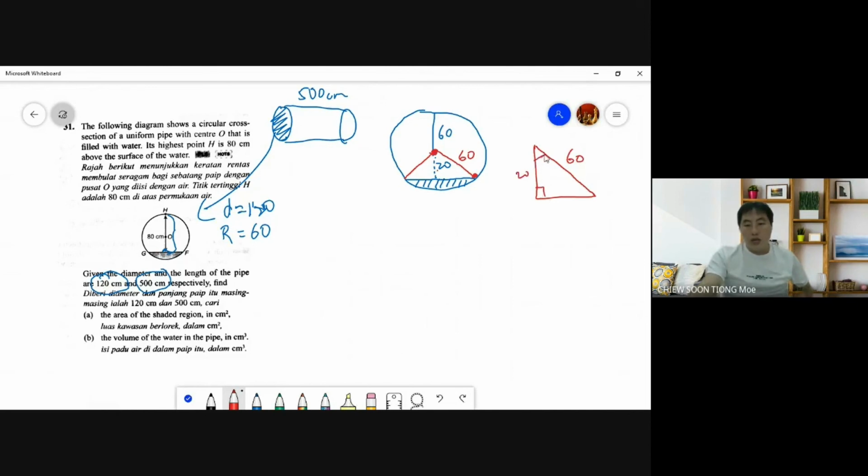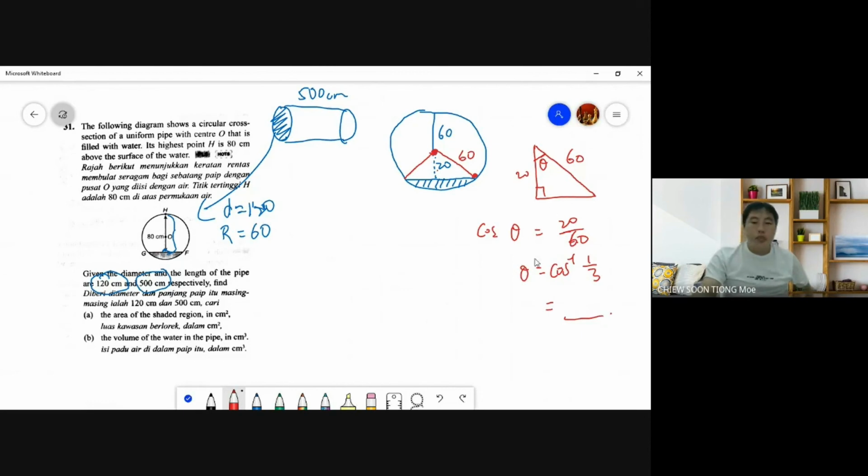So we get the theta here. Cos theta equals 20 over 60. Theta equals shift cos 1 over 3. So you will get the answer.